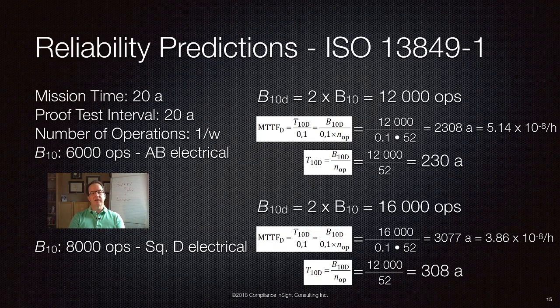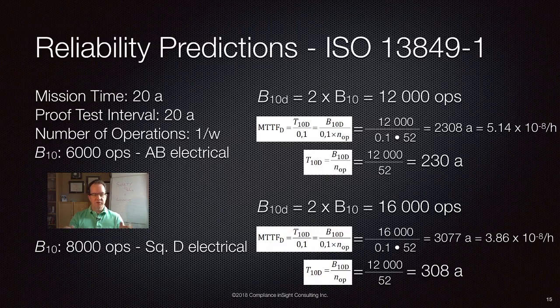So I'm assuming that for this situation that we're talking about, we're going to be switching off and locking out the power with this switch once a week. Okay, so we go through and we do the math on this, and I'm showing you my calculations, and we come out with MTTFD, that's the mean time to dangerous failure, of 2,308 years.